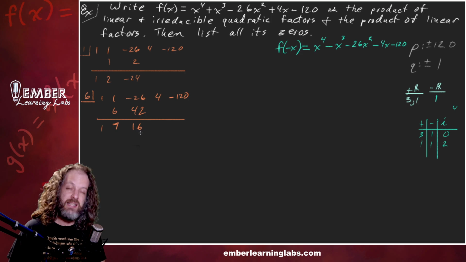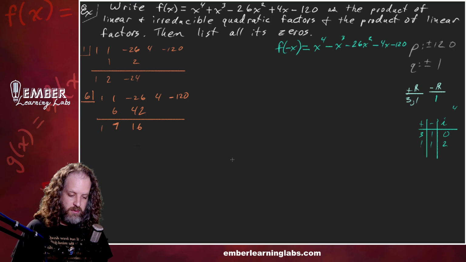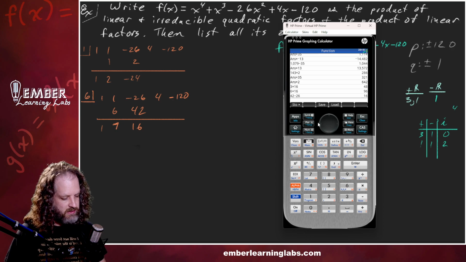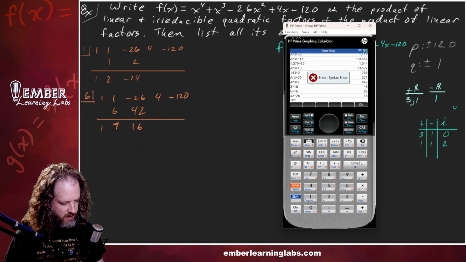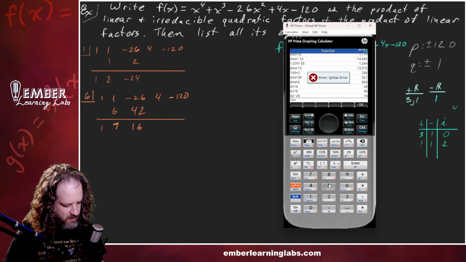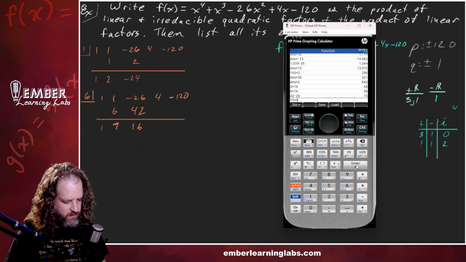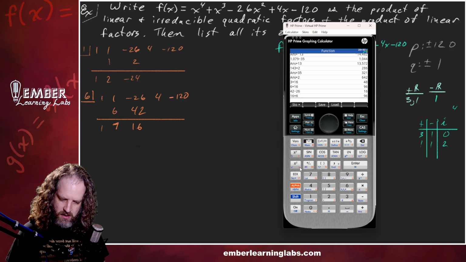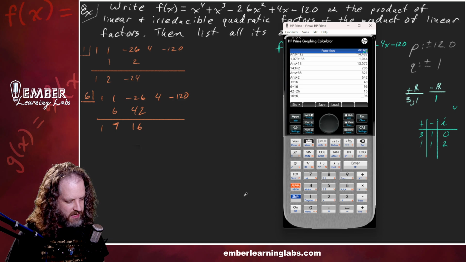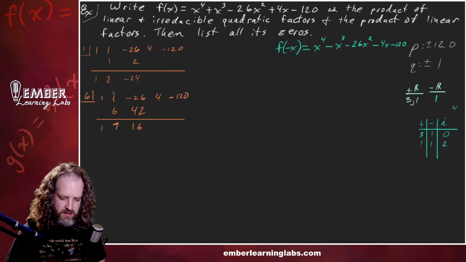6 times 16 is a big old fat number, somewhere between 48 and 96. Let's see. 16 times 6 equals, thank you, machine. 16 times 6 is 96.